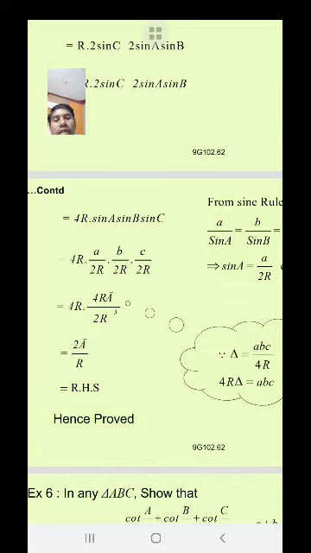Delta means area of the triangle. So 4 into 4 is 16, and in the denominator 2 cube means 8. 16 by 8 means 2, and delta by R. So this is RHS. Hence we proved.